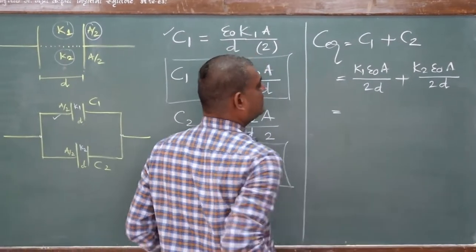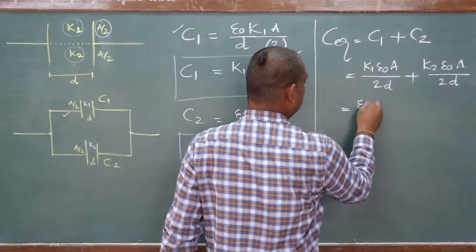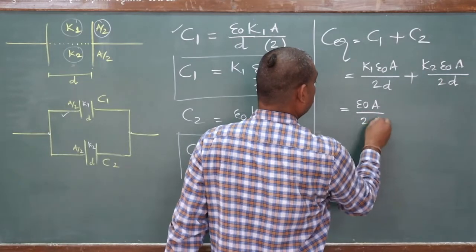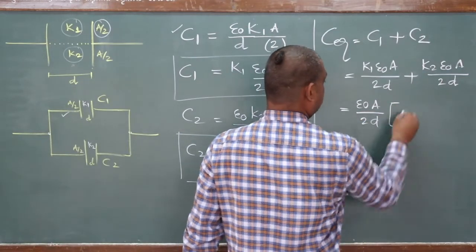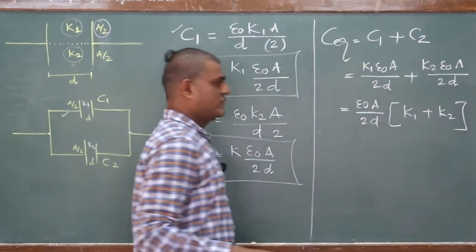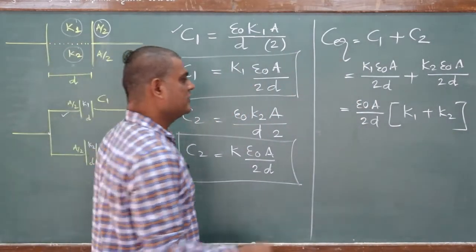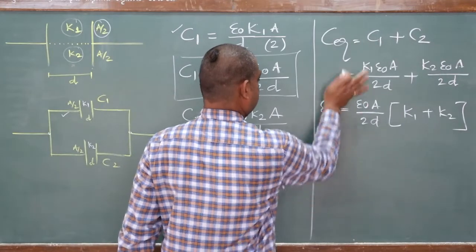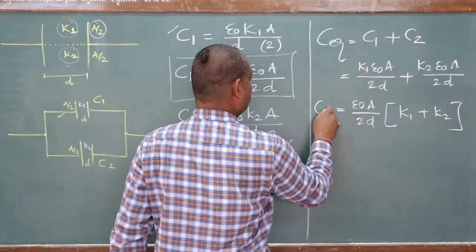You can take epsilon 0 A by 2D outside and you will get K1 plus K2. So this is the equivalent capacitance.